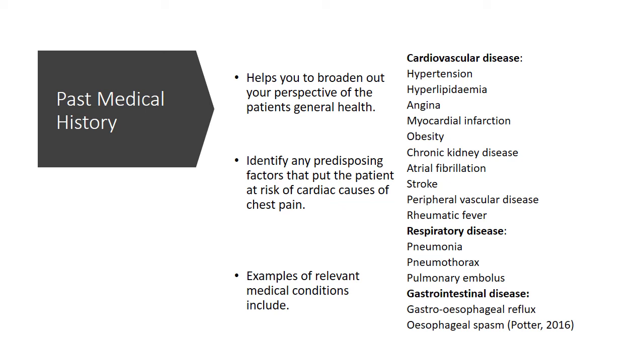Just as if patients have already had a PE, they're at an increased risk of having a PE again. So this is a good opportunity for us to ask specifically about some of these predisposing illnesses and conditions that are going to put them at an increased risk of certain conditions, and therefore help us shape our hypotheses in one direction or another.